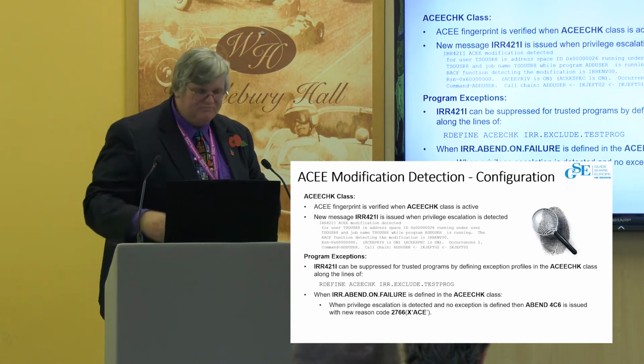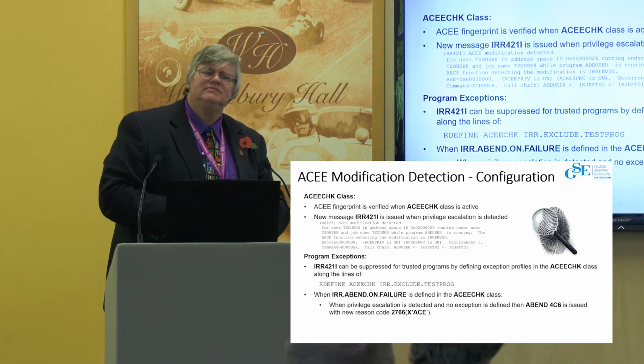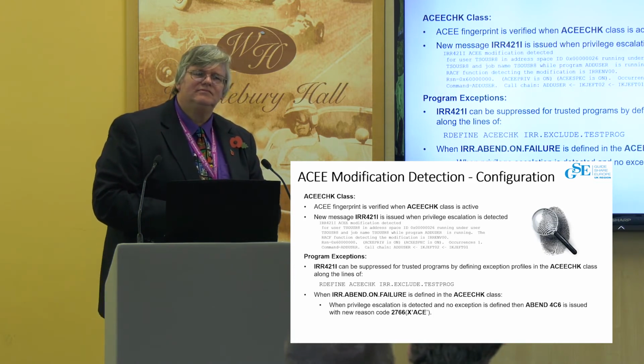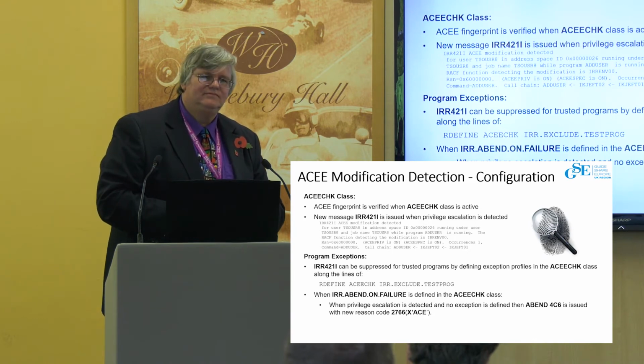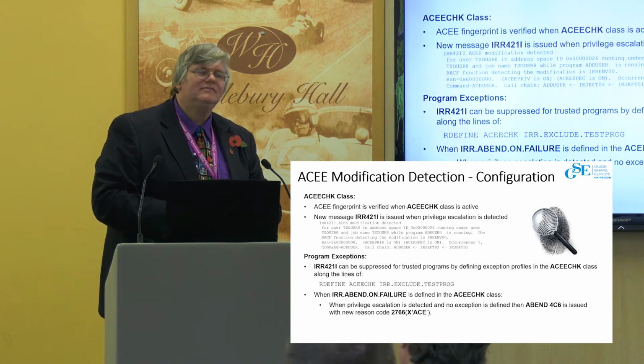Lenny. So at what point does the modification detection start? The reason I ask this is ACEE is normally created through RACROUTE or whatever, and there's an exit, post-processing exit. So if I modify the ACEE in post-processing exit, am I going to be detected at that point? Excellent. Only when the RACROUTE is complete?